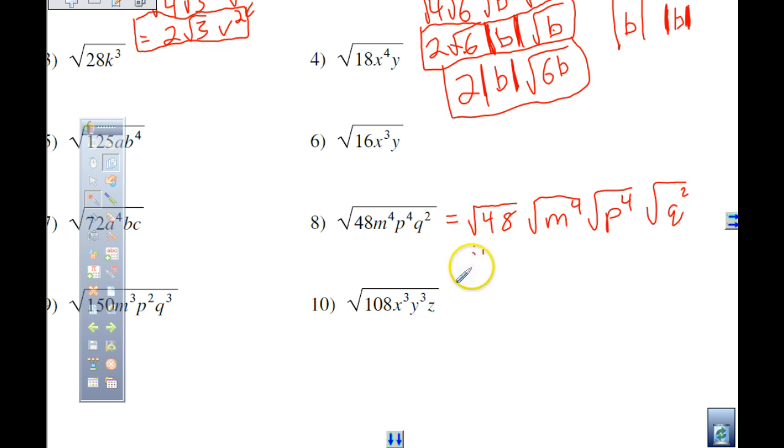So what does it reduce to? 4 root 3. Good. What about the square root of m to the 4th? M squared. So it's like doing 4 divided by 2 is 2. Same thing here, p to the 4th, 4 divided by 2 is p to the 2nd. And then here, 2 divided by 2 is q to the 1.